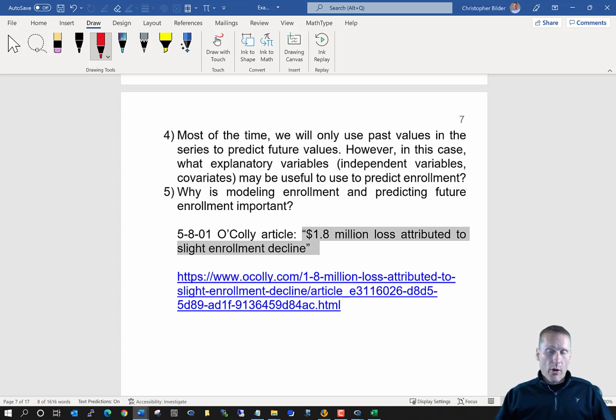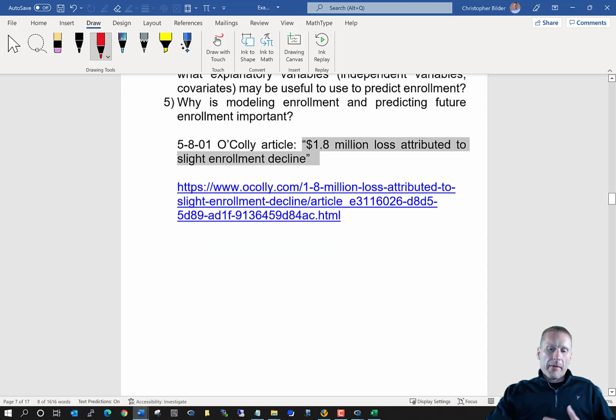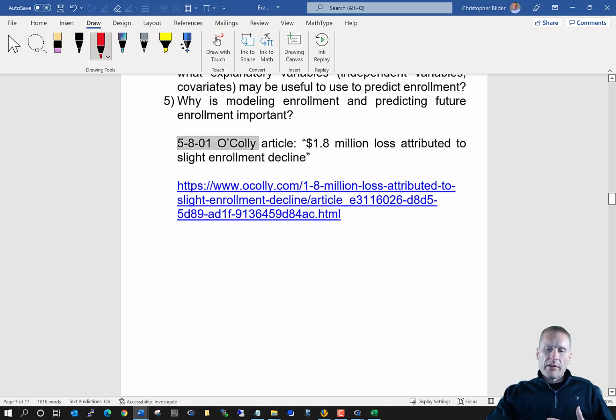And with OSU and any other university, when this kind of thing happens, they're going to have to try to make up for it. So for example, it can result in layoffs, unfortunately. What alerted me to this was that the student newspaper, called the O'Colly, ran an article about what happened, and this is a direct link to the article.